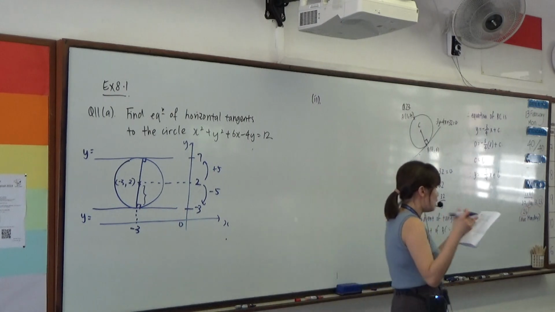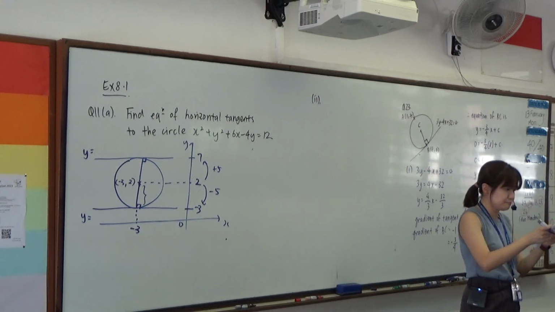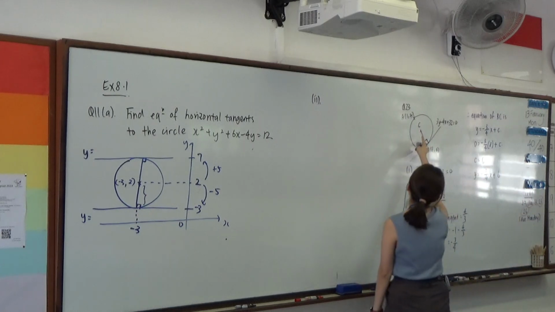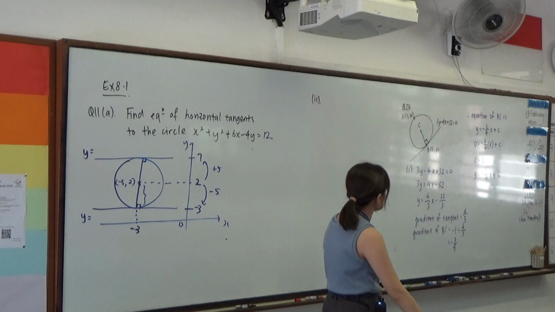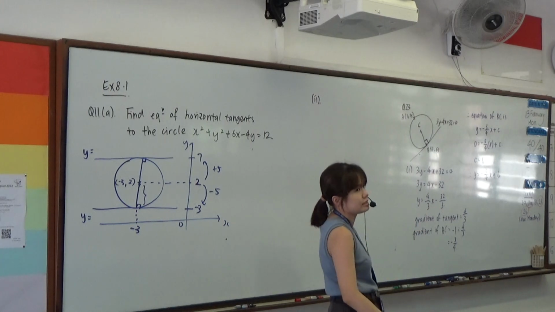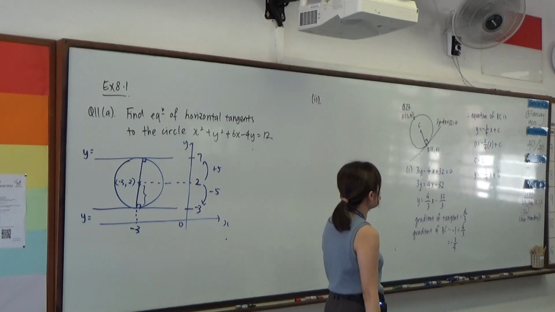Okay, part 2, we want to find the coordinates of C, right? But the problem is that we don't have much information. We don't know what the radius is. We only know the equation of BC, and that's pretty much it.